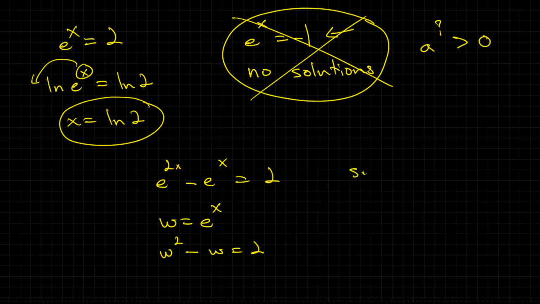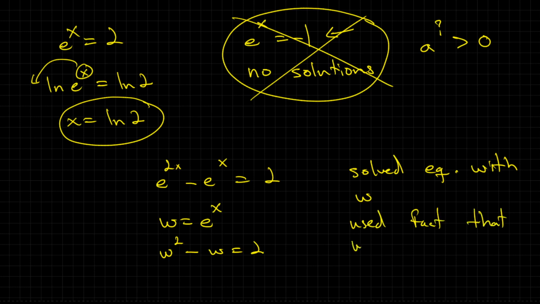And then we solved the equation with w. Then we set w equal to e to the x, or perhaps it's better to say we used the fact that w equals e to the x to solve for x.